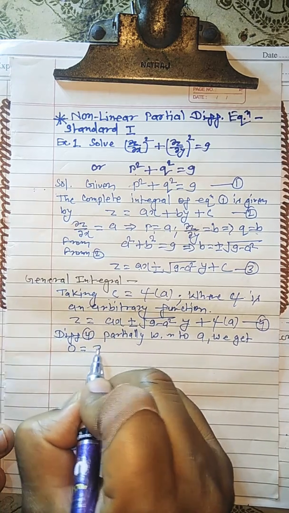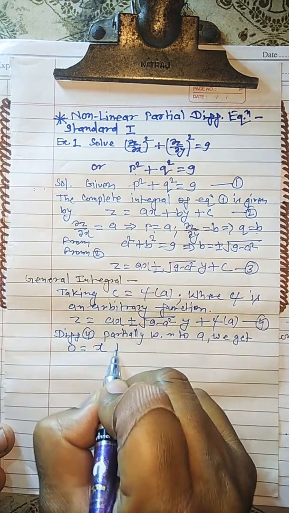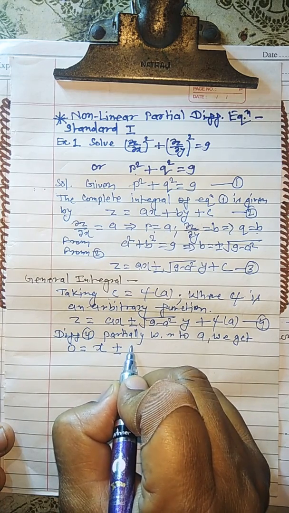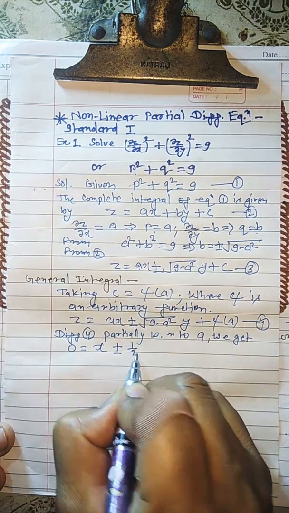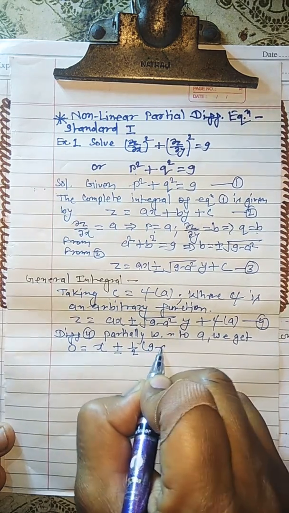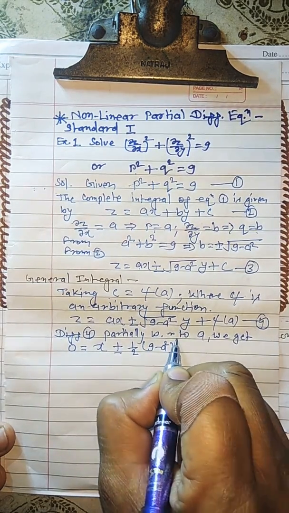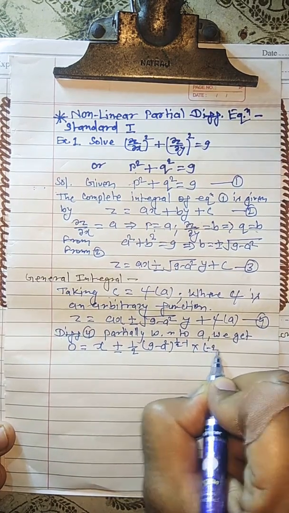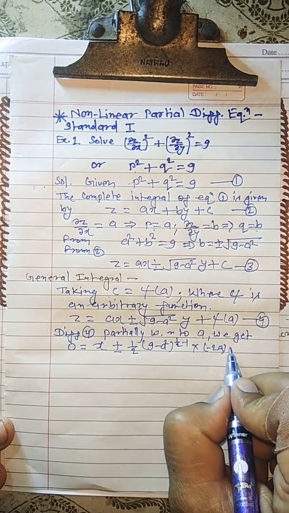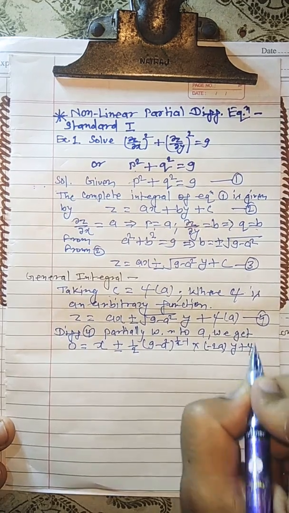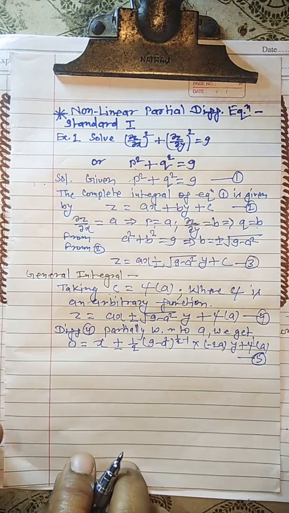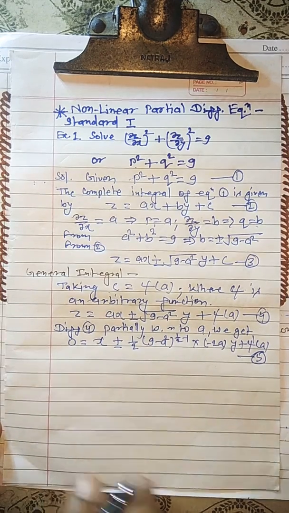That is, here we get x plus minus 1 by 2 into 9 minus a square to the power 1 by 2 minus 1 into minus 2a y plus psi dash a. This is called equation number 5.